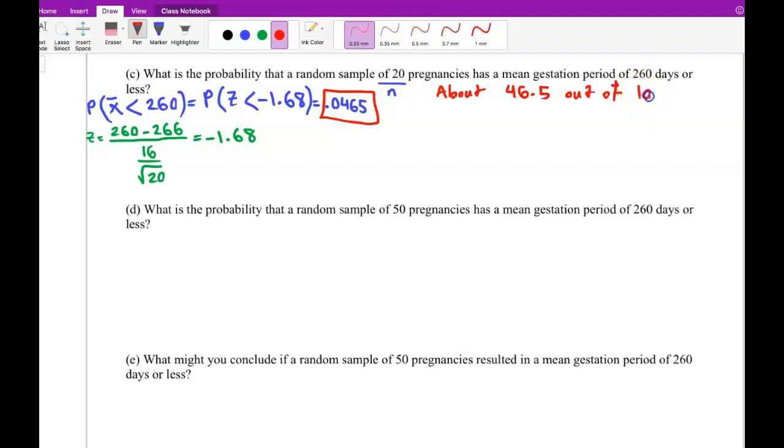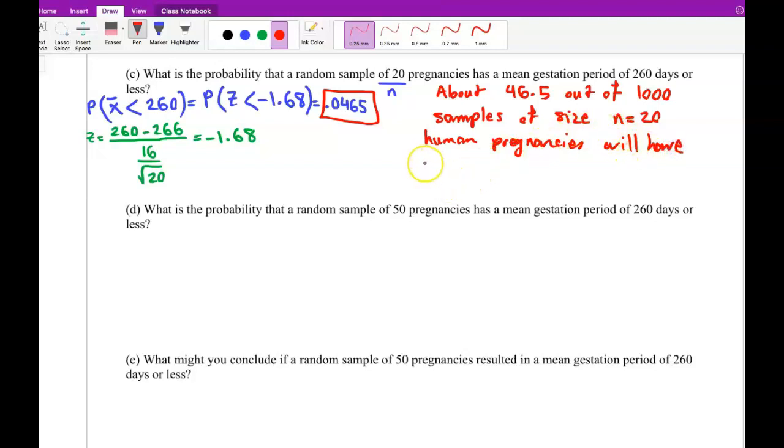So out of 1000 samples of size equal to 20, they have a mean less than 260 days.